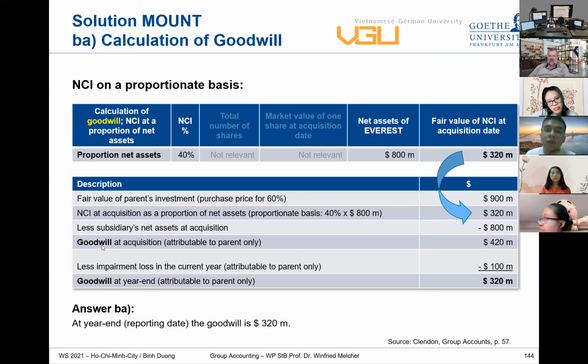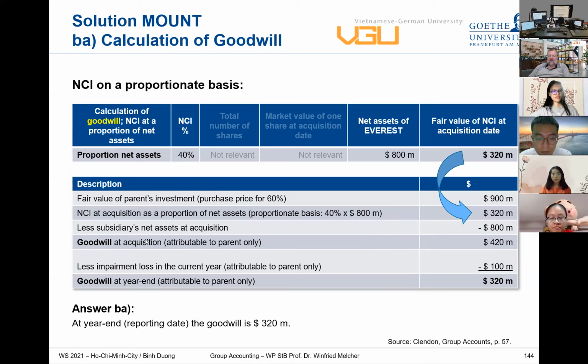So the partial goodwill that we calculate here will be attributable to the parent only, because we did not use information that includes a goodwill portion for the NCIs. So we will calculate a goodwill which is a premium of what the parent paid for their share, and that is only related to the parent.